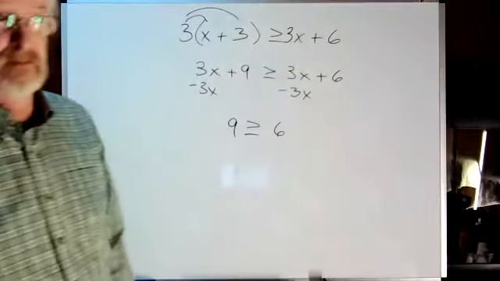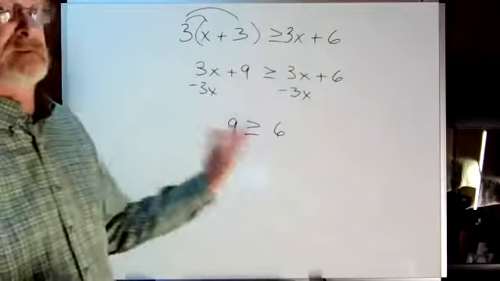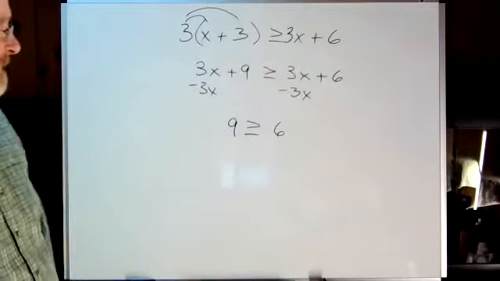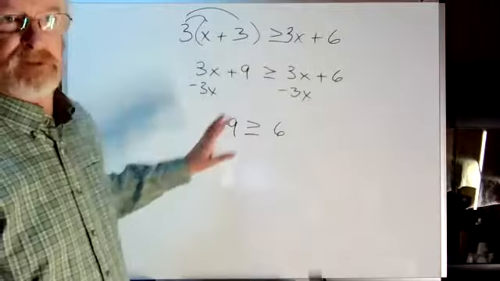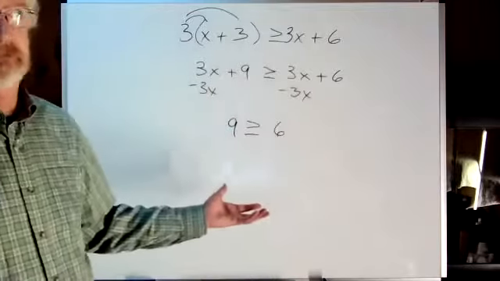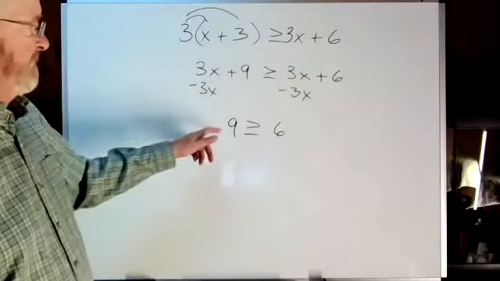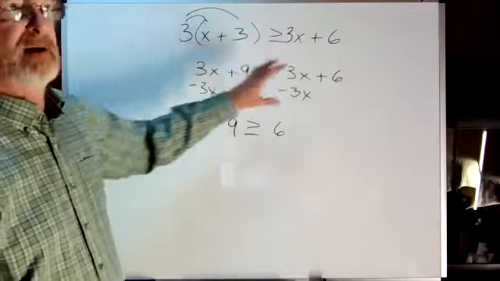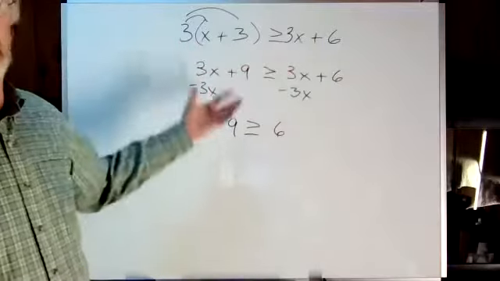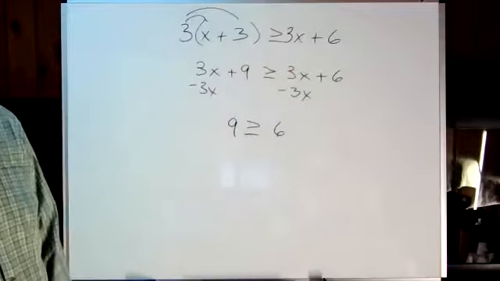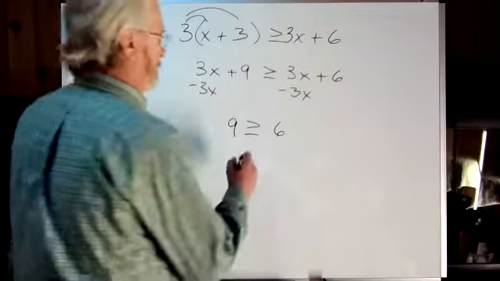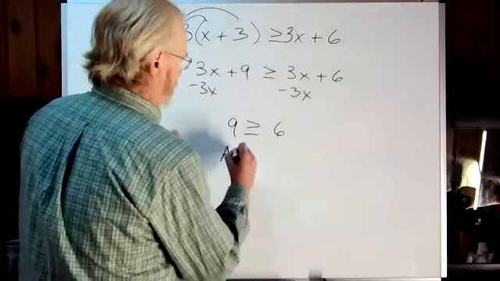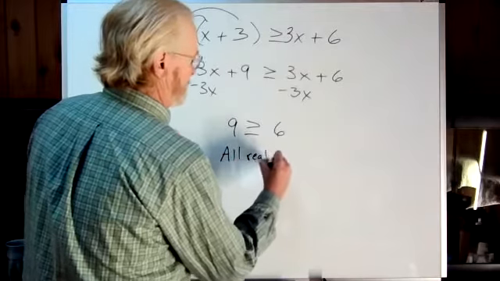Is that true? Yes, 9 is always greater than 6. Notice there are no variables left in that relationship. That relationship didn't depend on any value I put in for x. This one is always true no matter what value I would put in for x. So, all real numbers.